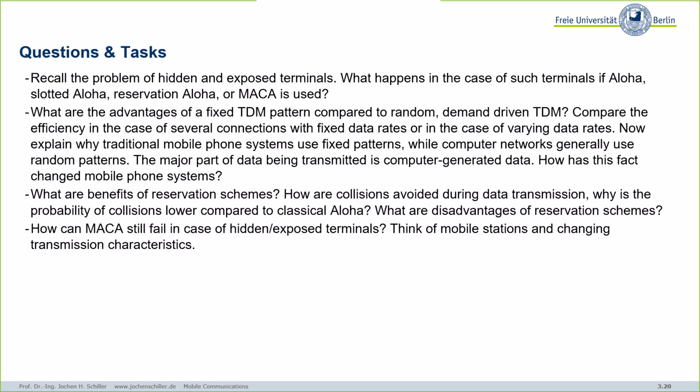So MACA wouldn't work at all in this setting. And to make it even worse, these 70% were statistically distributed over the stations. So they changed over time, and only some of the connections were bidirectional, symmetric connections. So it's quite common that those links are asymmetric.